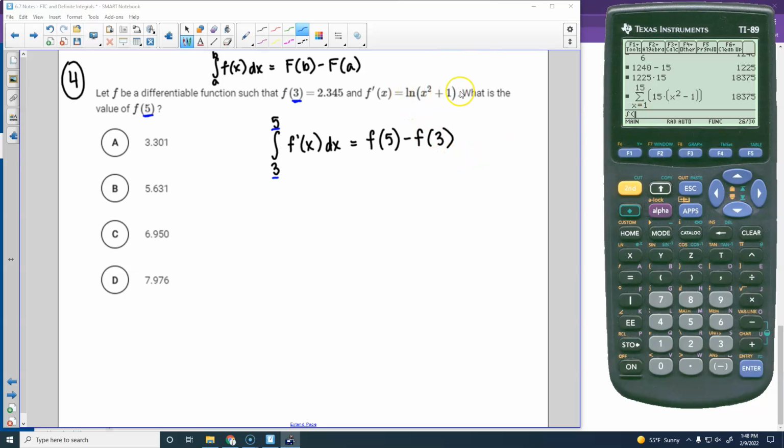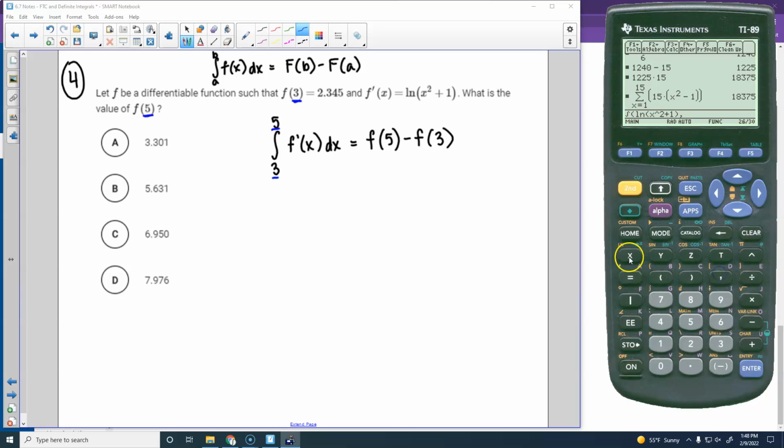You're going to type in your equation for your function, or if you wanted to, you could put it in y1 and use y1, but we'll just do this here. So we're going to do natural log of x squared plus 1. All right, so you type in your equation.